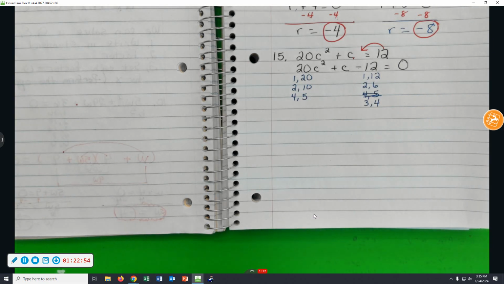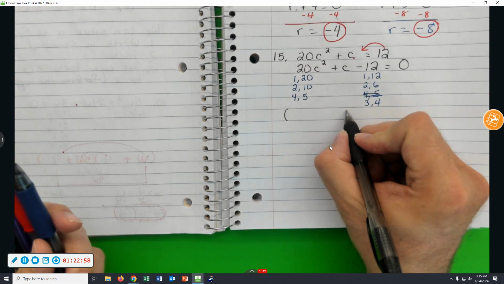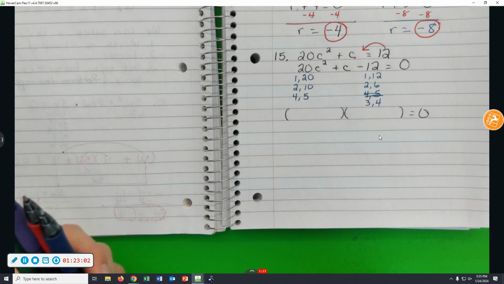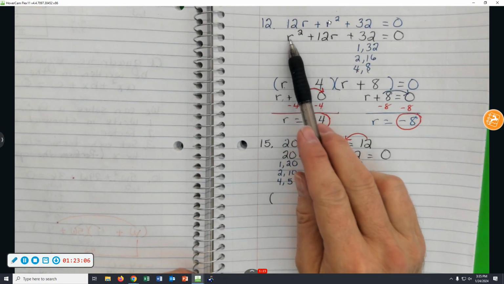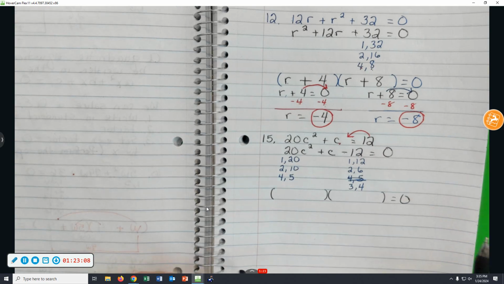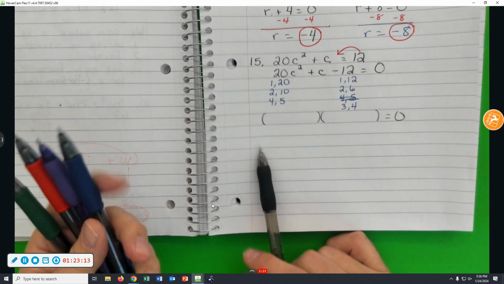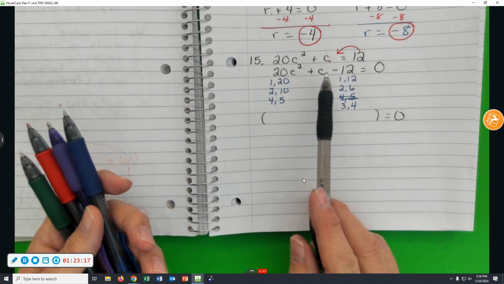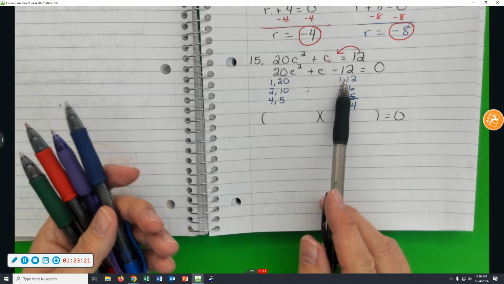So I'm going to draw my 2 sets of parentheses. You'll see this one's going to be a little bit more involved, the factoring versus the simple trinomial over here. Since this middle number is going to be so small, 1c, I don't think we're going to be using a 20 or a 12. I can use my trick.